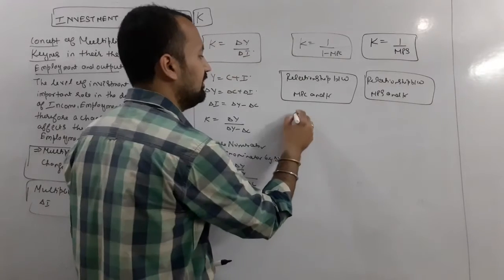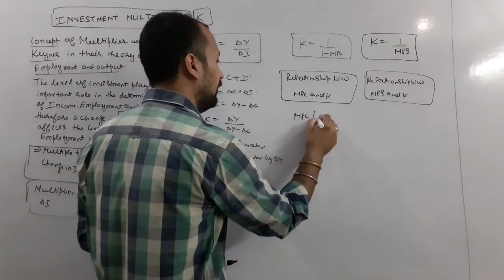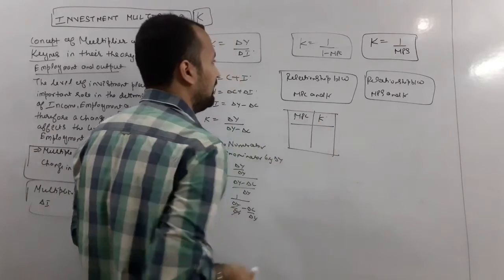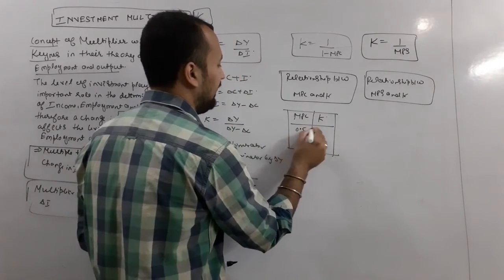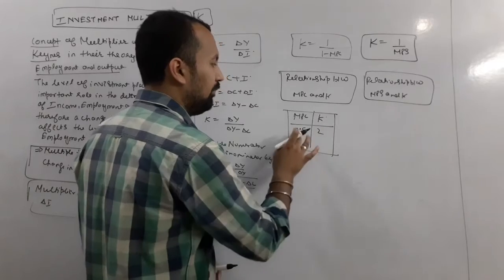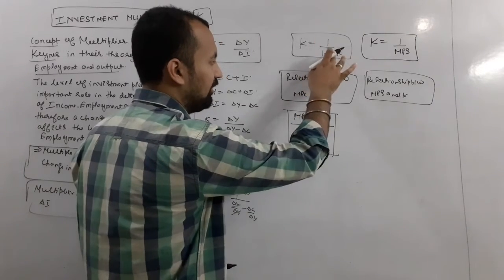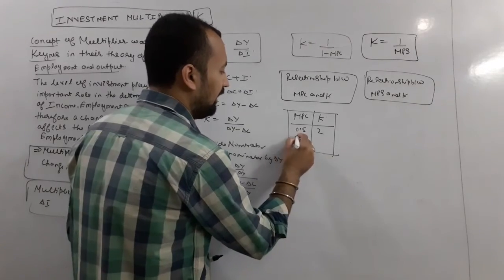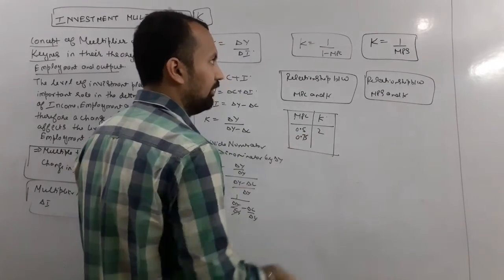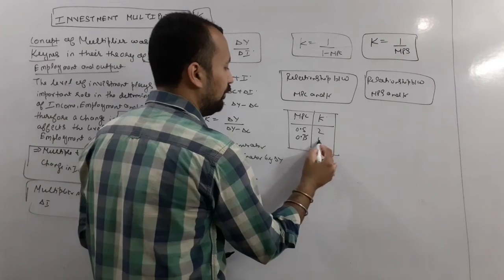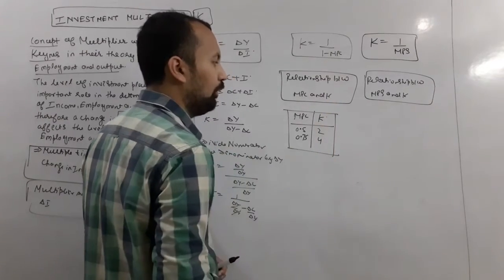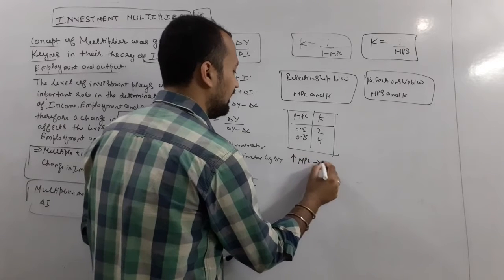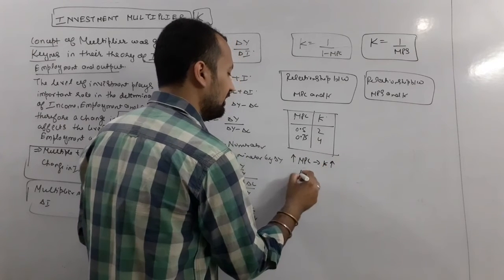If MPC is 0.5, K equals 1 upon 1 minus 0.5, that is 1 upon 0.5, which is 2. If MPC is 0.75, K equals 1 upon 0.25, which is 4. So if MPC rises, multiplier also rises.